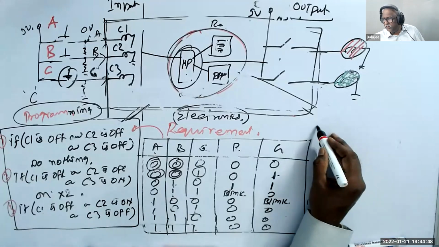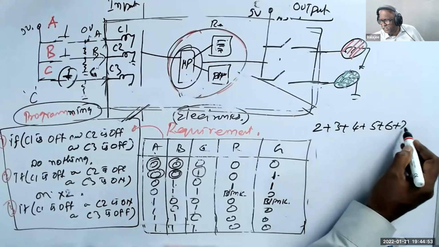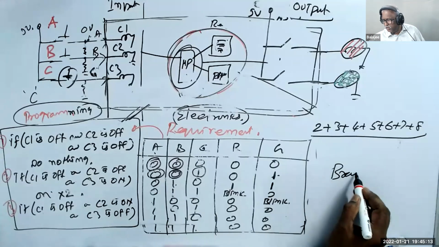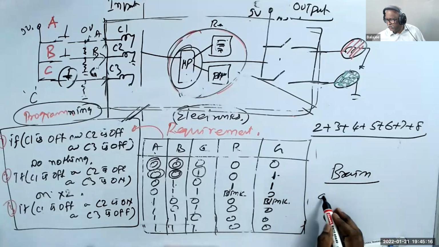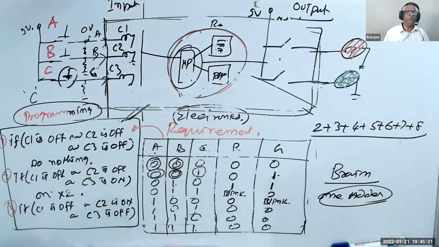If I ask you to add 2 plus 3 plus 4 plus 5 plus 6 plus 7 plus 8, how do you add? 2 plus 3, 5. 5 plus 4, 9. 9 plus 5, 14. 14 plus 6, 20. 20 plus 7, 27. 27 plus 8, 35. You do it one by one because your brain has only one adder.